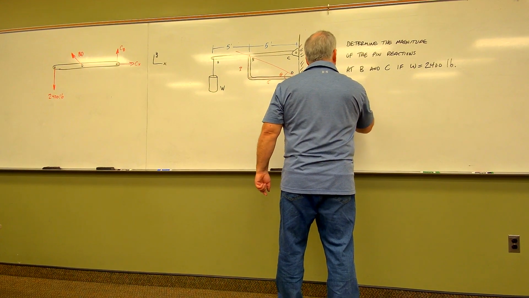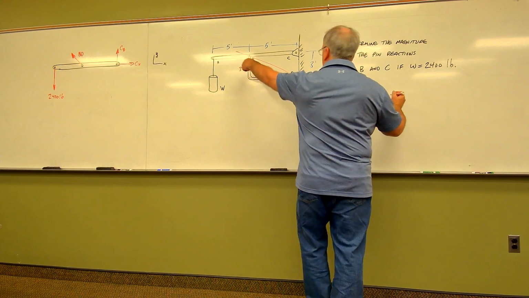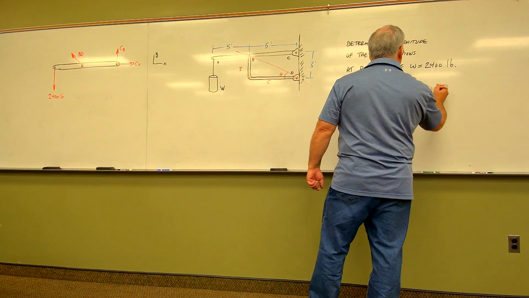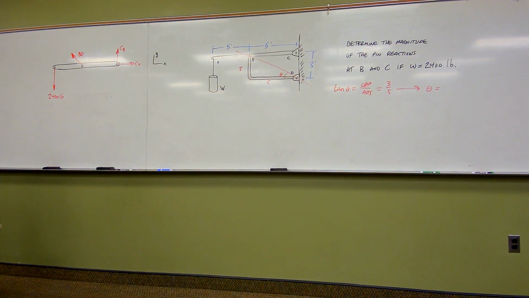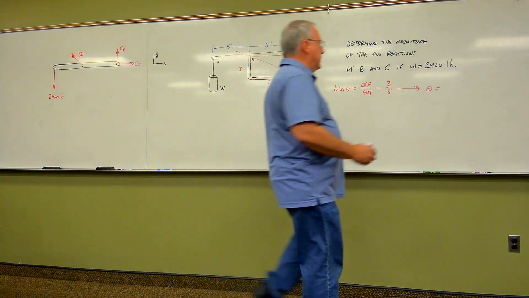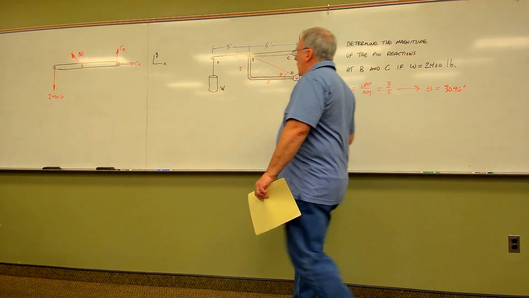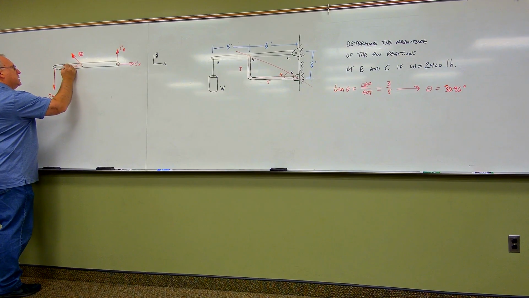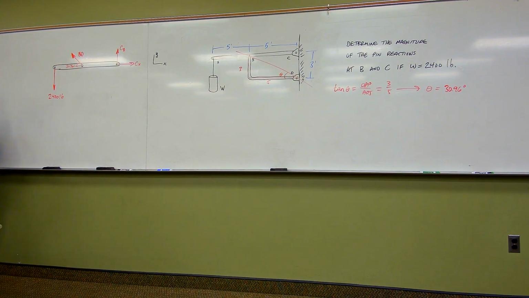So the tangent of theta, opposite over adjacent, is equal to 3 over 5, 0.6, which means that theta, when I work it backwards, is about 30.96 degrees. So I know that my angle right here is 30.96 degrees.